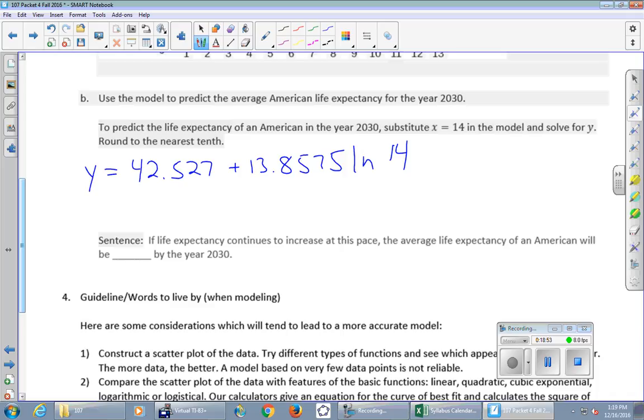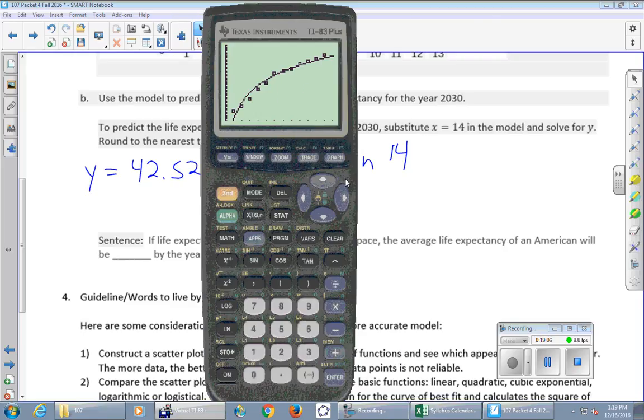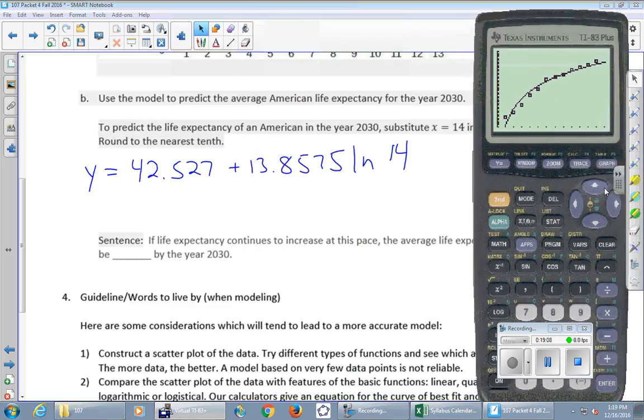That's all. And so you might want to know, how many digits do I need to write down? The instructions should be clear. It should say nearest thousandth or something like that. But the nice thing is that we don't have to worry about losing accuracy if we just know how to use our calculator. What I'm interested in is plugging 14 in for the x, right?